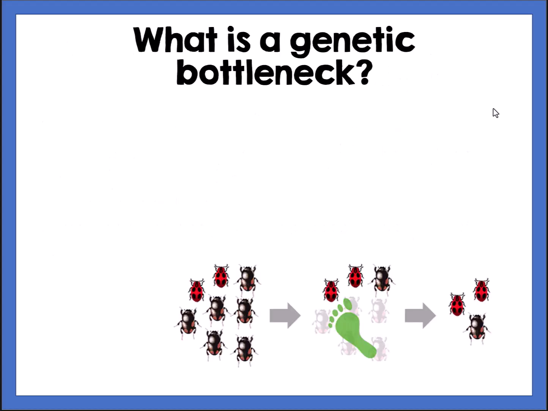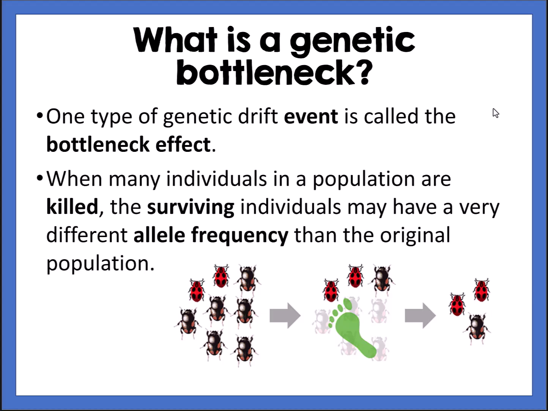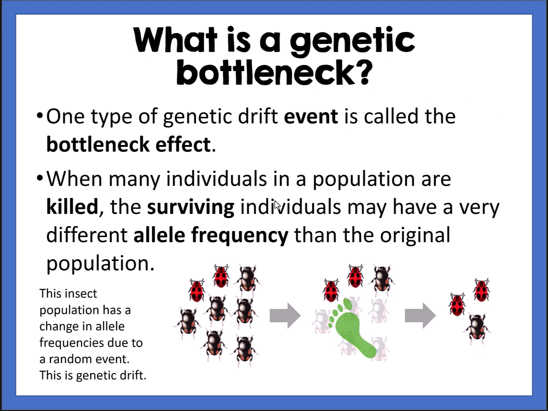What is a genetic bottleneck? One type of genetic drift event is called the bottleneck effect. When many individuals in a population are killed, the surviving individuals may have a very different allele frequency than the original population. So this insect population has a change in allele frequencies due to a random event. This is genetic drift.